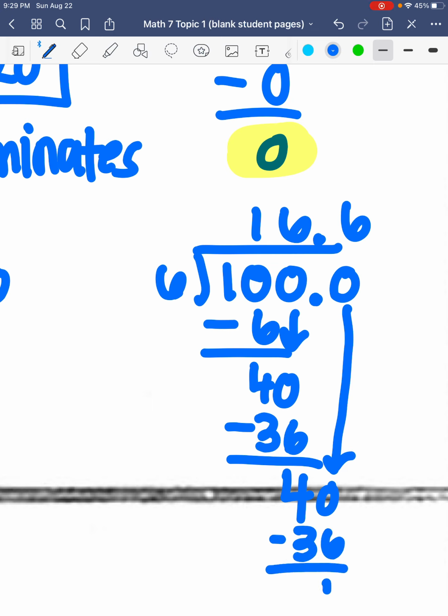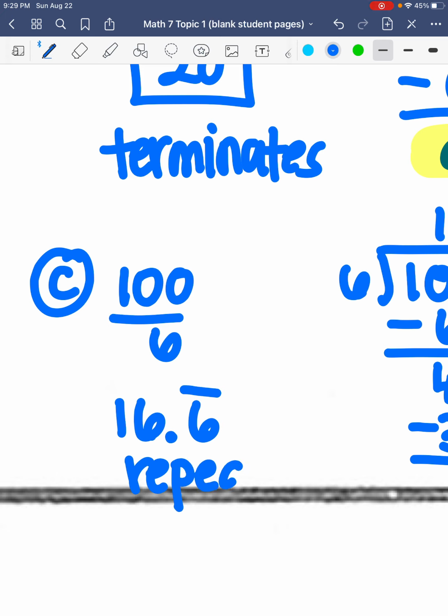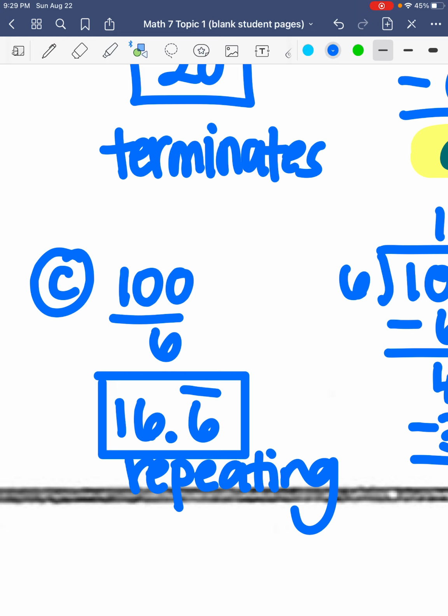And y'all see where this is going, right? That 6 is going to keep repeating. So 100 over 6 is equivalent to 16.6 repeating. And we had suspected that it would be a repeating decimal because of that 6 in the denominator. It's a multiple of 3.